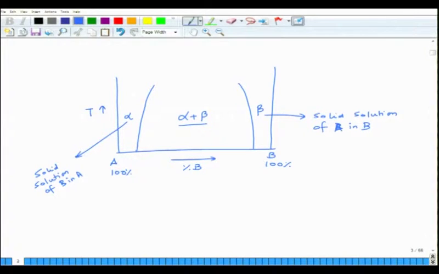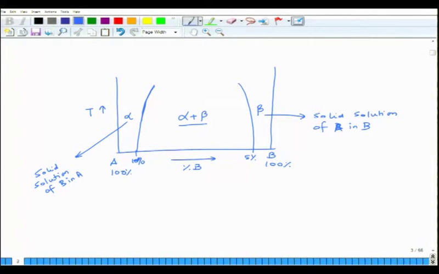Let us say at this point it is 10%, at this point it is 5% or some other percentage. It increases as you increase the temperature. Typically solid solubility increases as the temperature is increased, because the lattice dilates and there are other thermodynamic factors, the competition between entropy and enthalpy, which eventually determines what the solid solubility will be.